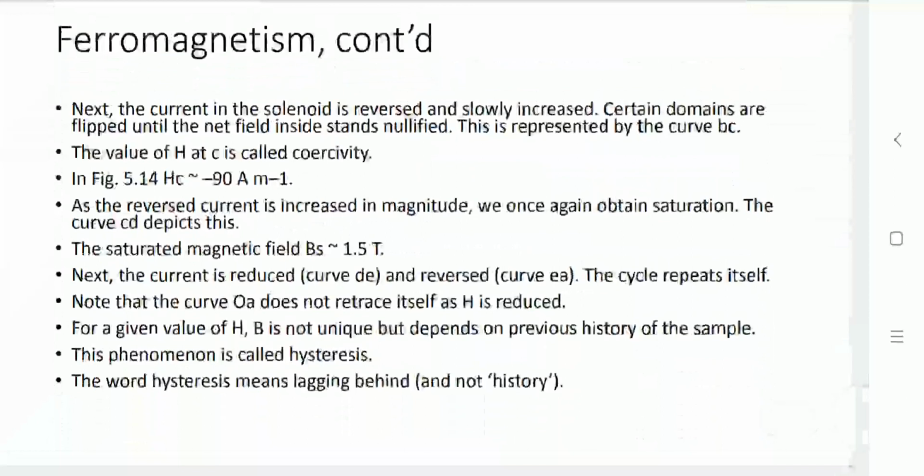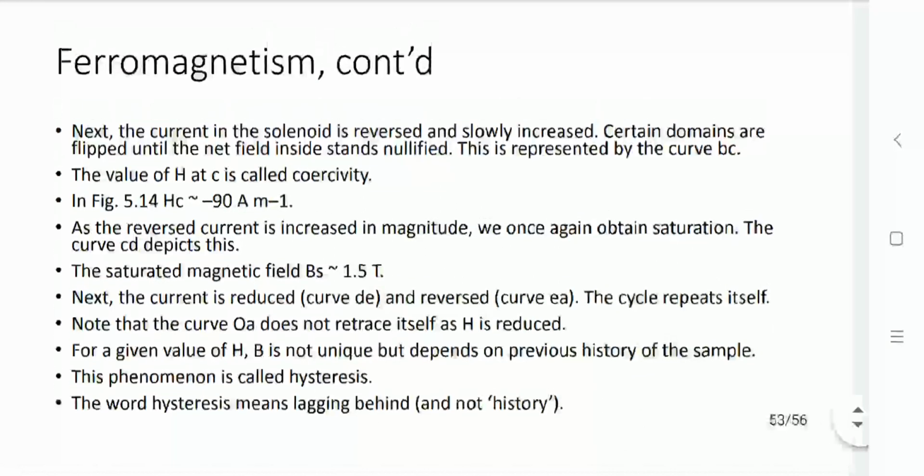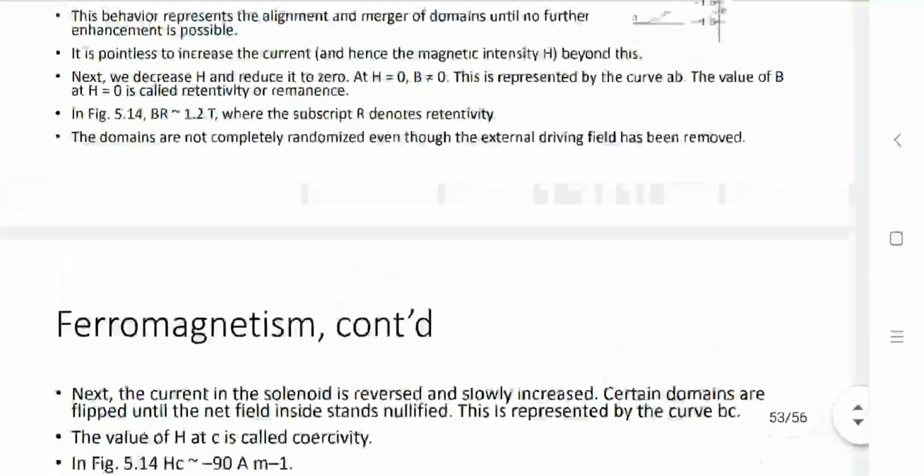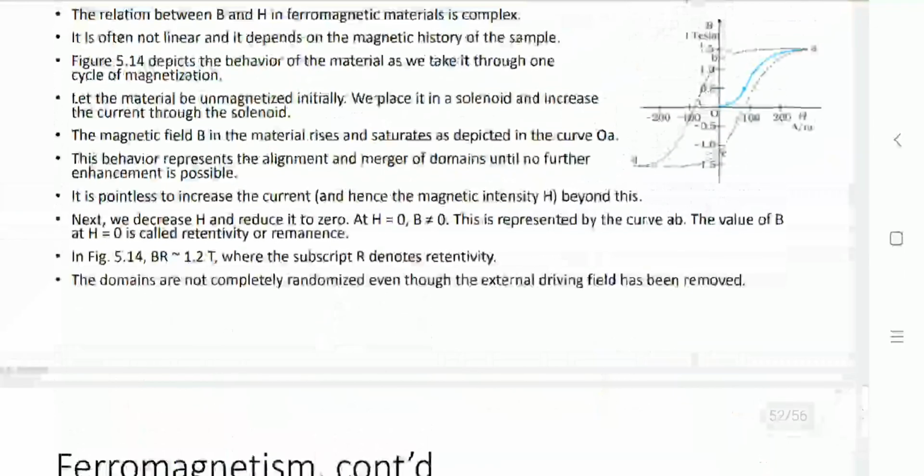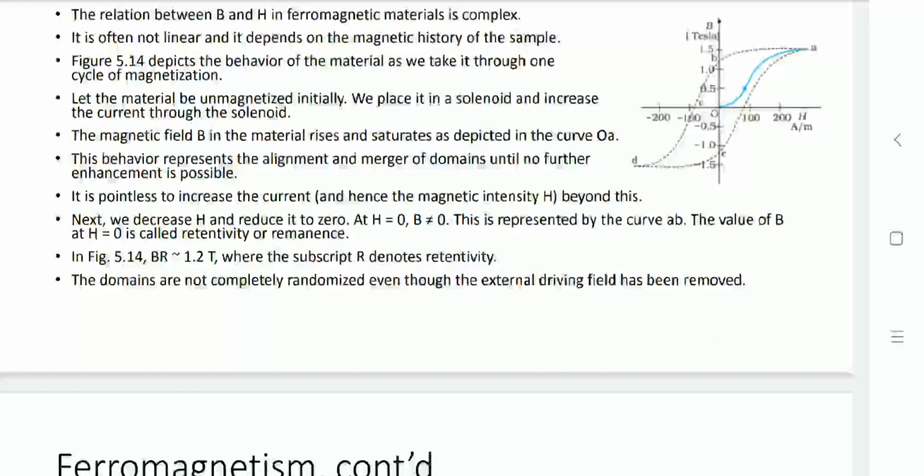Right? And from there, again we start to increase the external field in the positive direction. So the curve is observed from E to A. This continuous process, this loop, is known as a hysteresis loop.